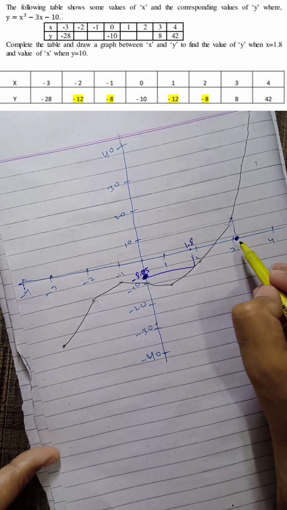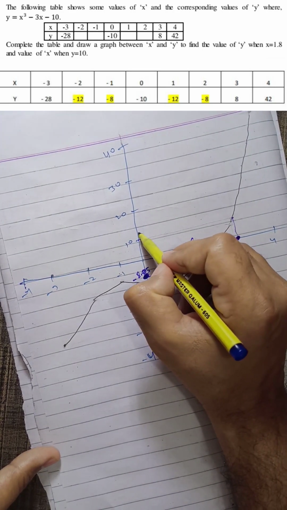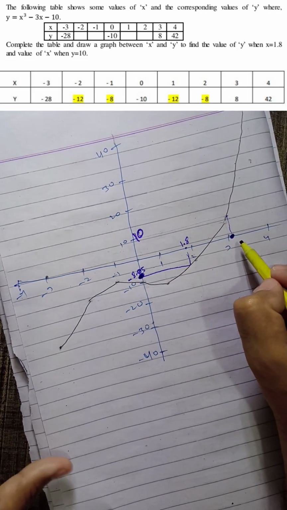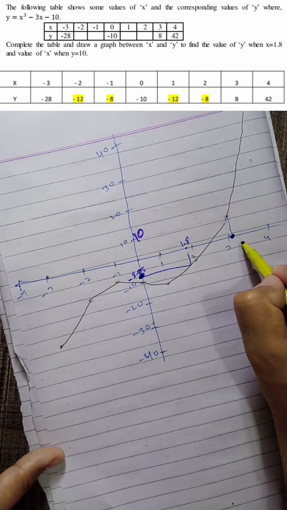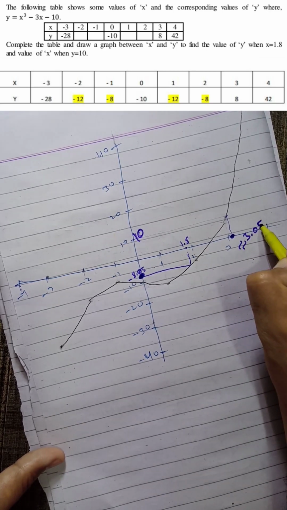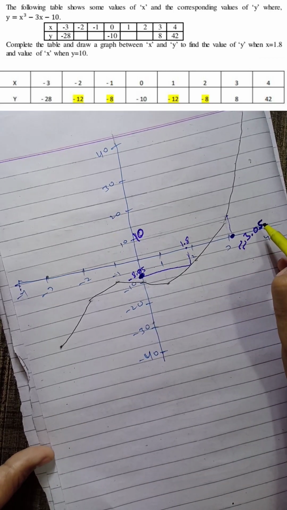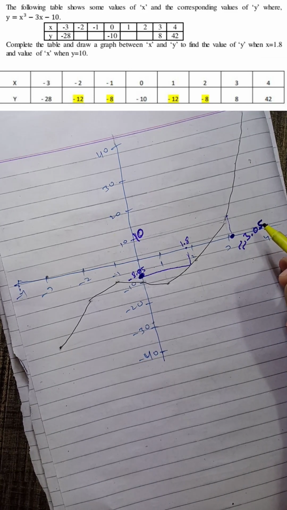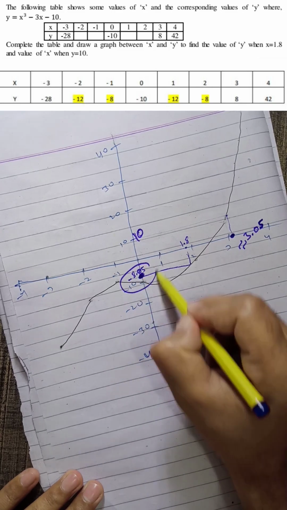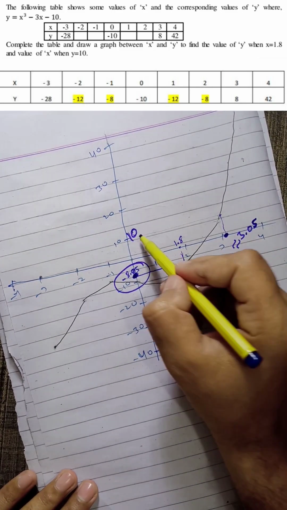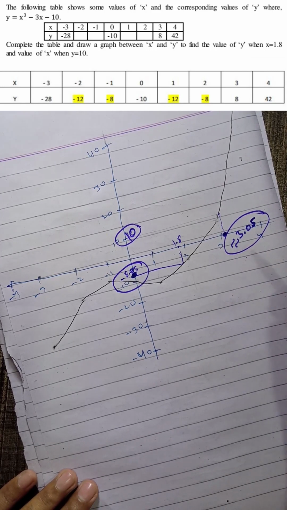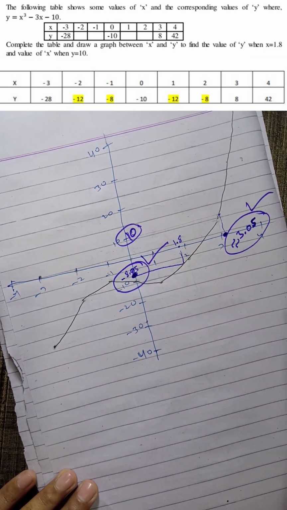So if y is 10, then the value of x approximately becomes 3.05. So now we had to draw the graph to find these two values. When x is 1.8, y is minus 10, and when y is 10, x is 3.05. These are the two answers.